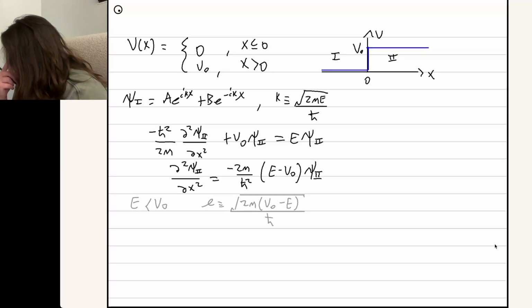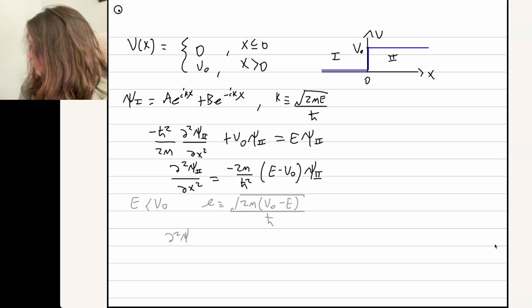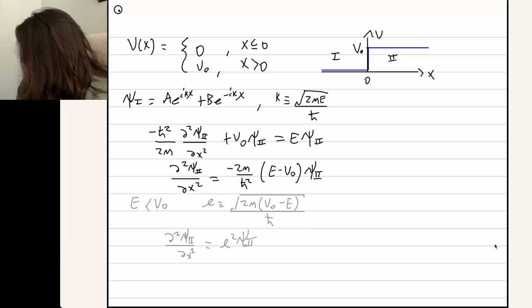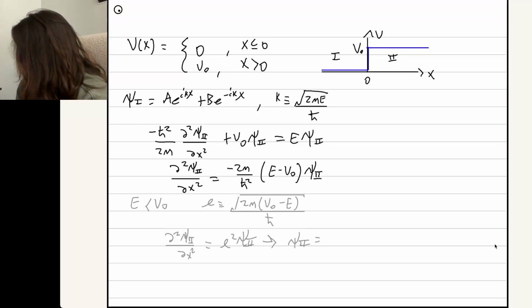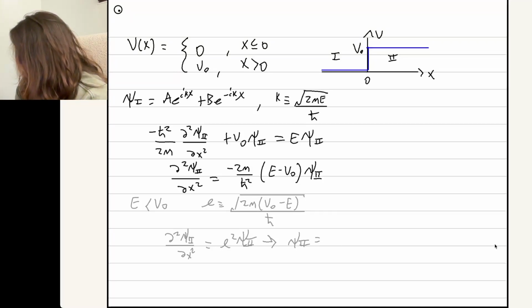And since E is less than V naught, L is positive and real. And we can write the Schrodinger equation now just like this: d squared psi 2 over dx squared equals L squared psi 2, which has a solution of psi 2 equals, I'm going to say, C e^(Lx) plus D e^(-Lx).